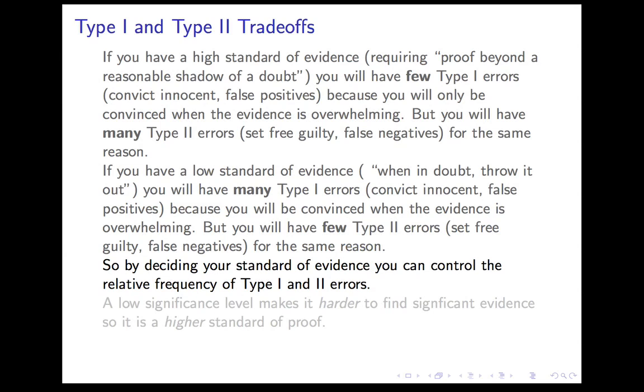You can think of your standard of evidence as a dial you set. That reflects the relative importance of type 1 and type 2 errors. Courtroom trial, you set it at one setting because type 1 errors are terrible. HIV blood test, you set it at a much lower standard because type 2 errors are terrible.